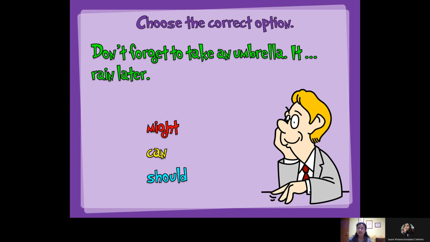What do you think is the appropriate modal? Might, can, or should? Teacher, the thing is that I'm still seeing the first image.